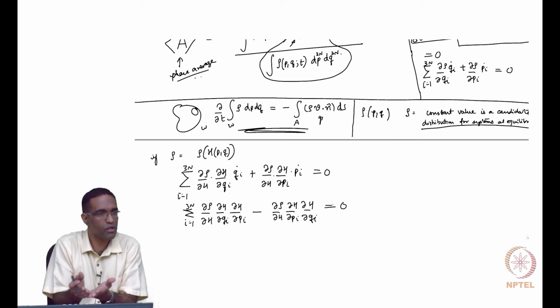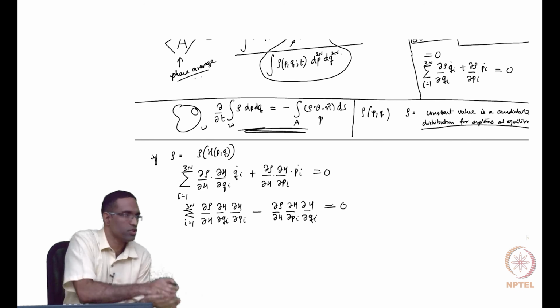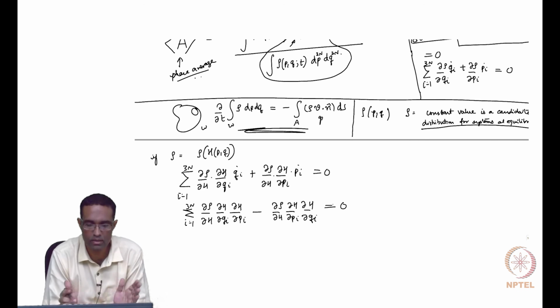If rho is a function of p and q only through the Hamiltonian, even then this quantity becomes 0.